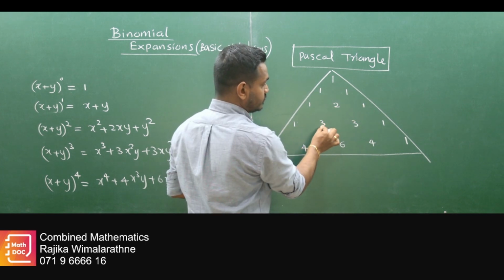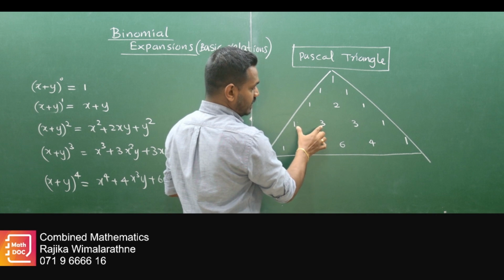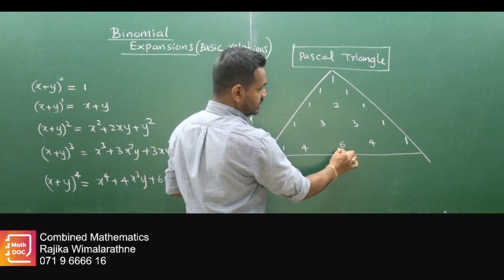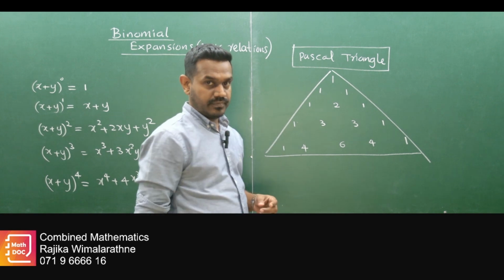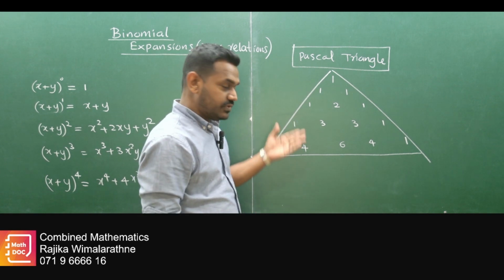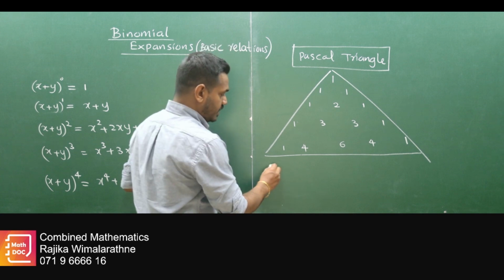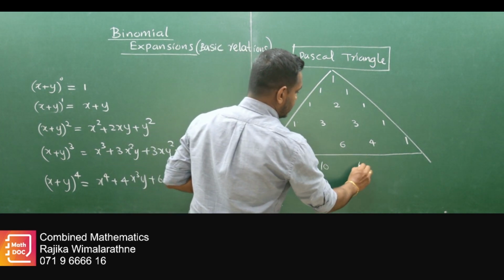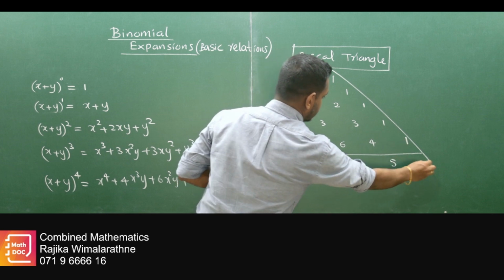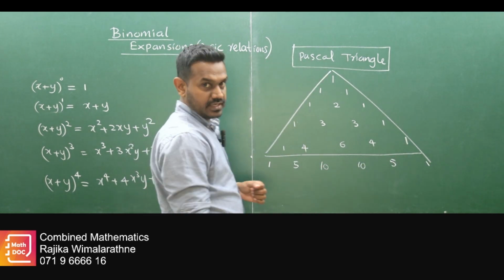Then 1, 1 plus 2 is 3, 2 plus 1 is 3, 1. Then 1, 1 plus 3 is 4, 3 plus 3 is 6, 3 plus 1 is 4, 1. This triangle we call the Pascal triangle. Further, you can evaluate this. Let's go to another row: 1, 1 plus 4 is 5, 10, 10, 5, and corners 1 and 1. This is called the Pascal triangle.